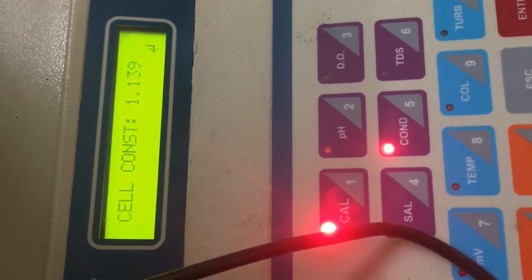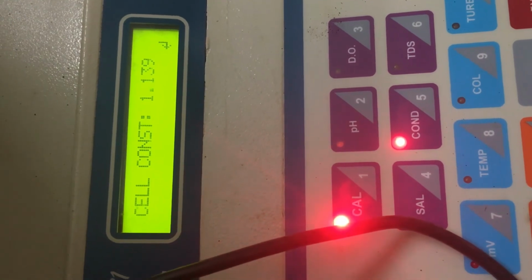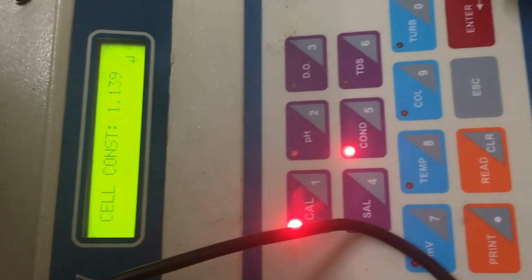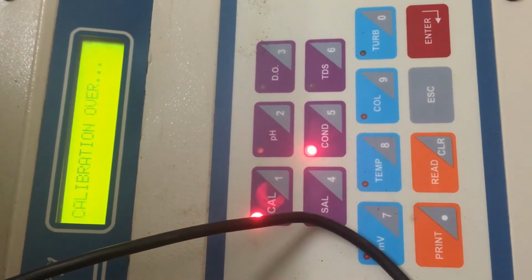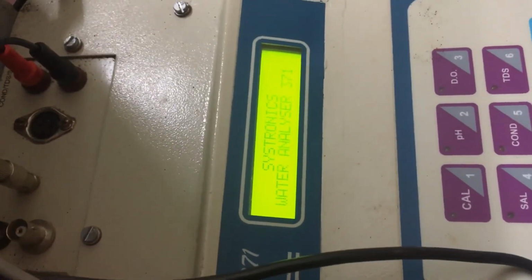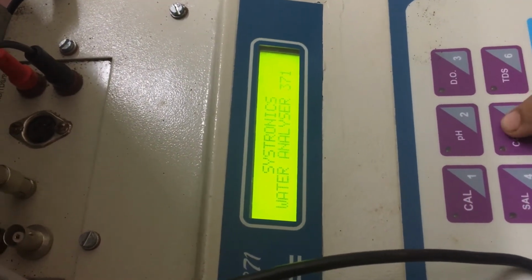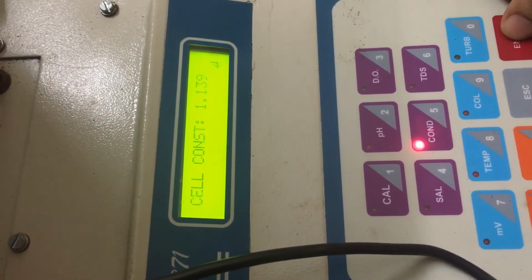Then it will display cell constant. Then we need to press enter again. We again need to press enter, and it is showing calibration is over. Then we can analyze our sample. For that we need to press again the function that we are analyzing, and it will display the cell constant.